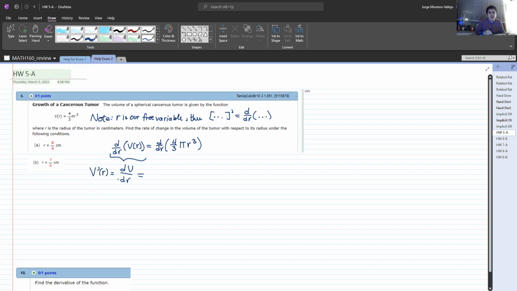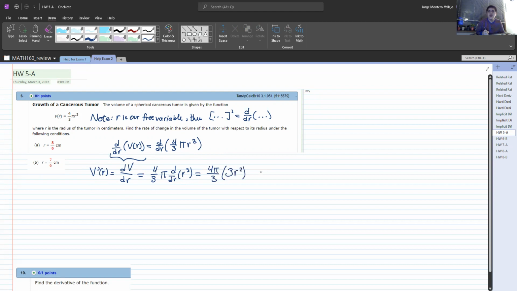When we take the derivative of this, we just use the same rules we have been using so far. We see R here as our X. 4/3 and pi are both constants multiplying the expression, so we can not worry about them and just do d/dR of R cubed. We need the power rule there, and we get 3R squared.